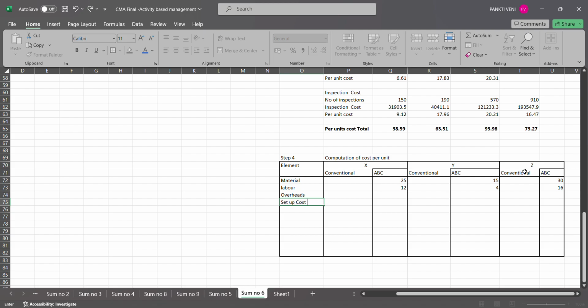Again I'll follow the question's table order only: setup cost, then machine cost, then material handling cost, then inspection cost.